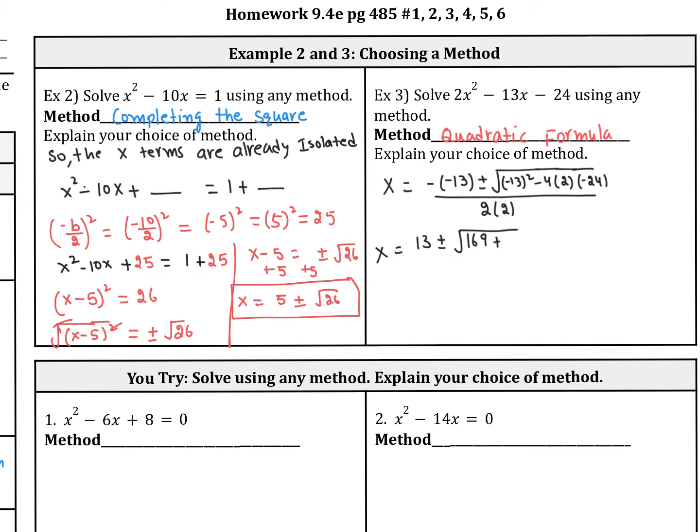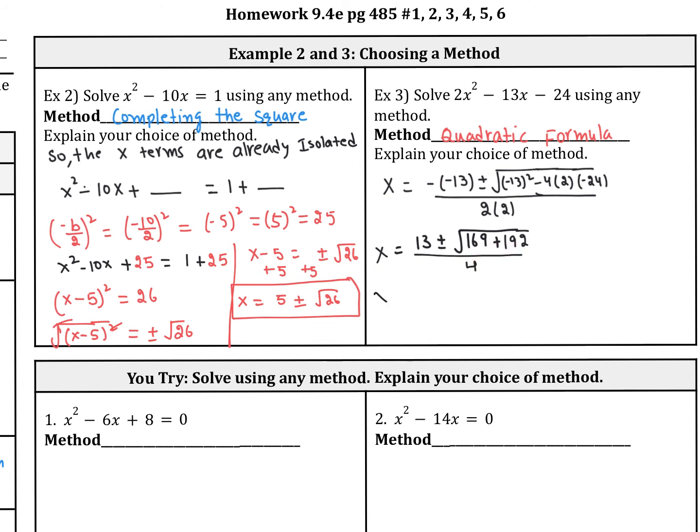So what you got here is 13 plus or minus 13 squared is 169, plus when you multiply 4 times 2 times 24 is 192, divided by 4. Because this is negative and this is negative, so that number should be positive. Now we're going to add these two together.